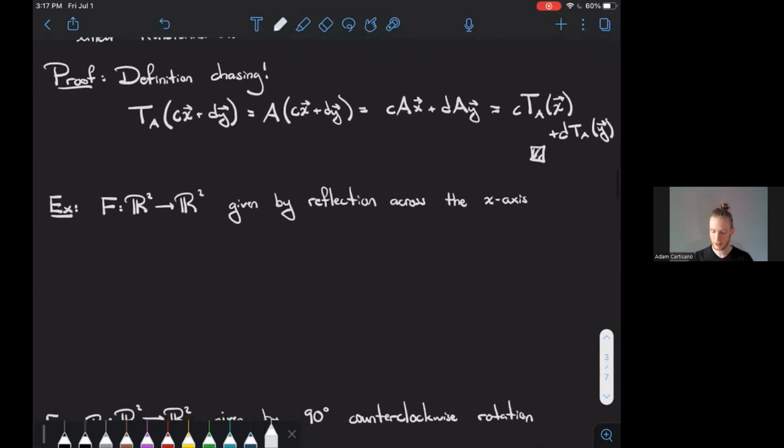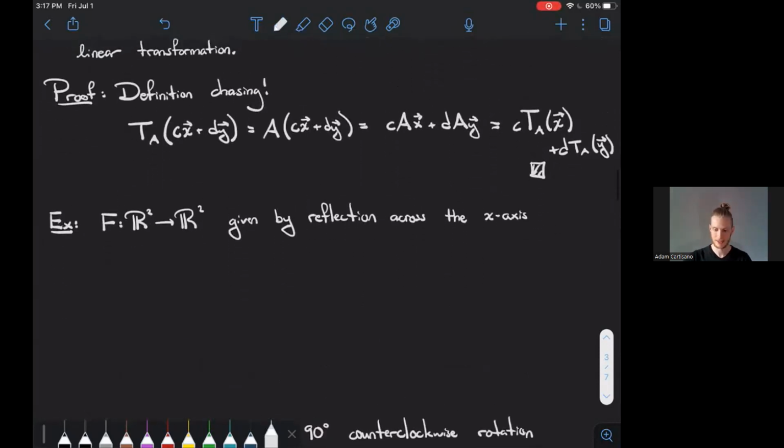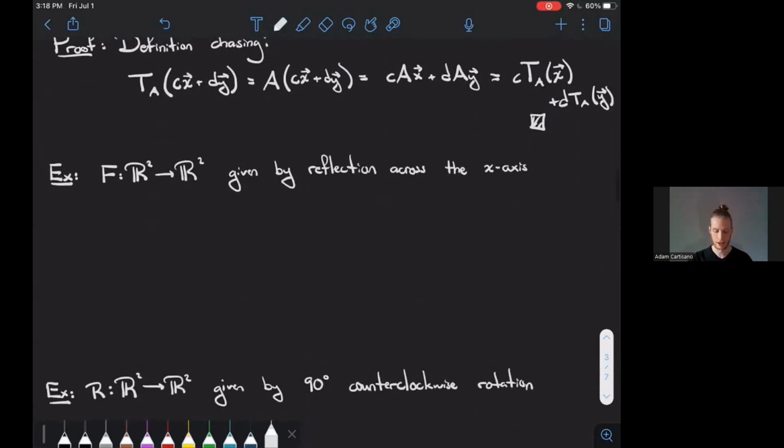Okay, so let's now take a look at some linear transformations. These are prime examples of linear transformations that you might see.